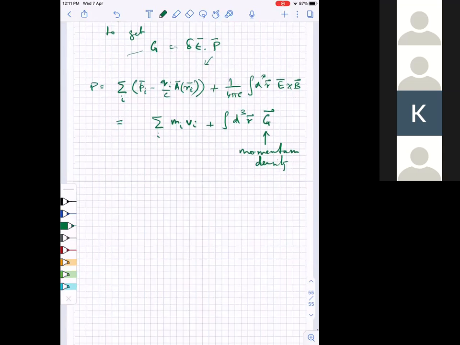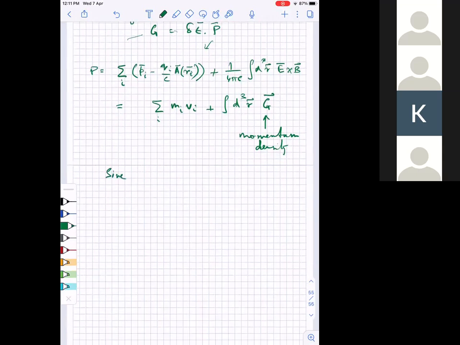Since the action is invariant under arbitrary delta epsilon, I'll have 0.